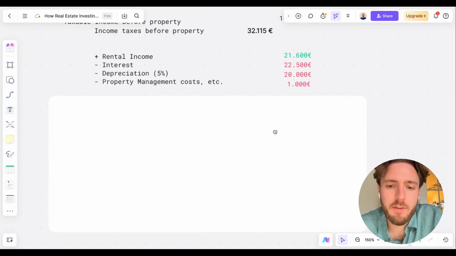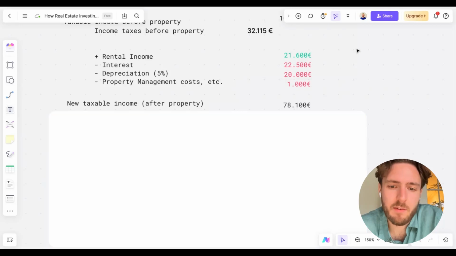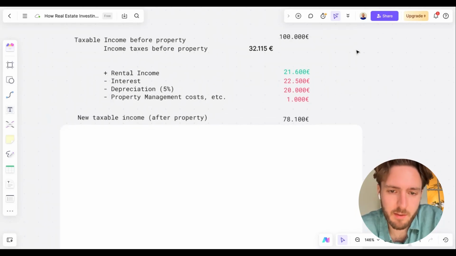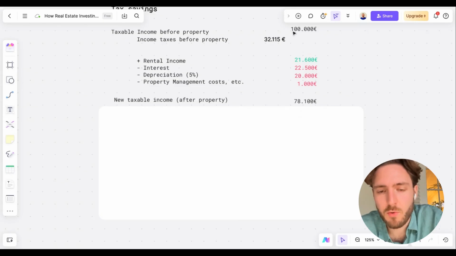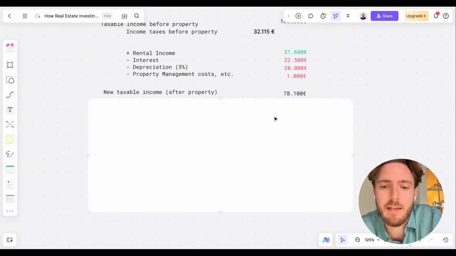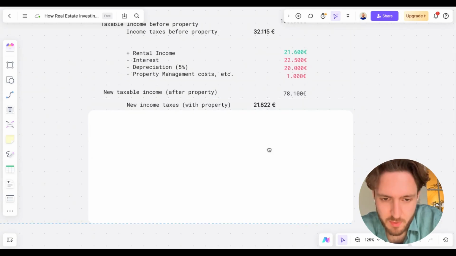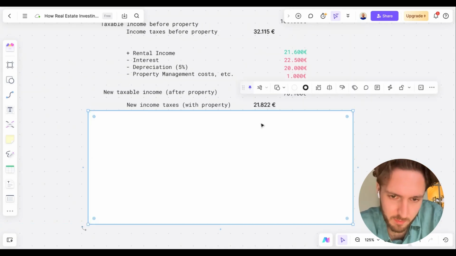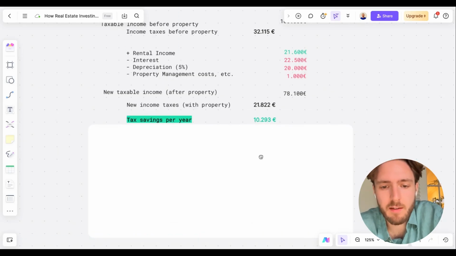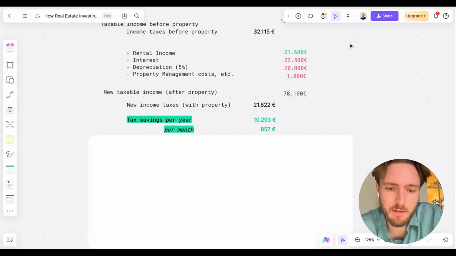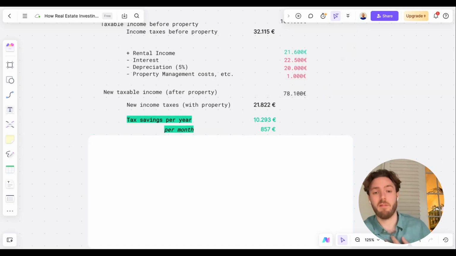But what that means is that you have a new taxable income. All of this added up, now you don't earn 100K anymore, but you earn 78.1 to the tax office, okay? And then your new income tax would be 21,000, which means you had 10,000 euros in tax savings per year, or 857 euros in tax savings per month.